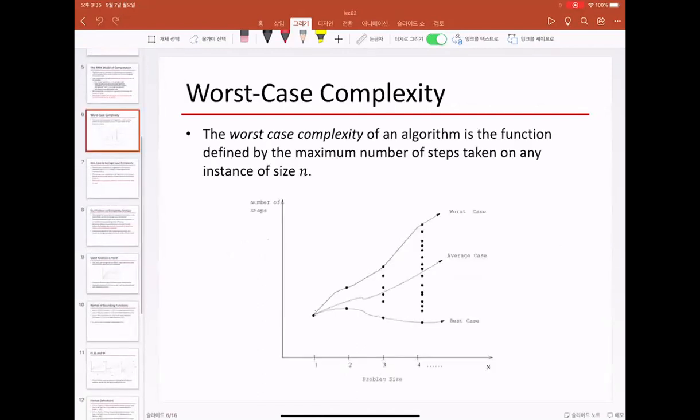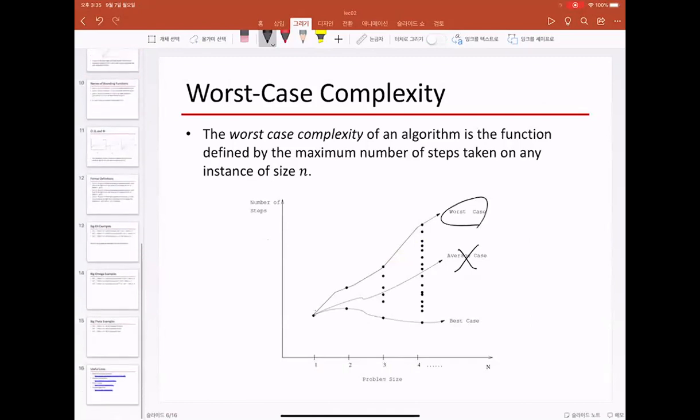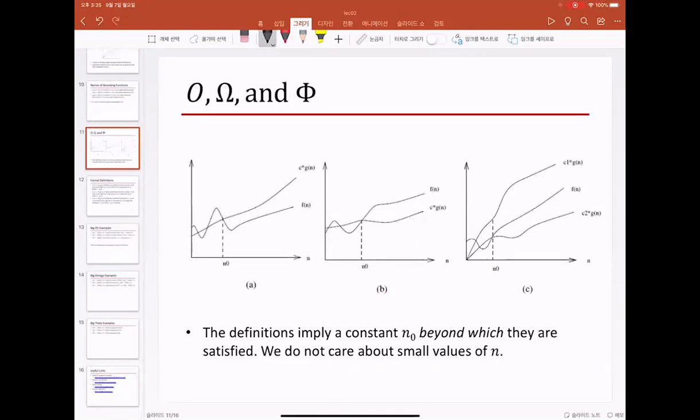Then we talked about worst case complexity. We don't really care about the best case or the average case, but we care about the worst case. Then we learned big O, big omega, and big theta notation.